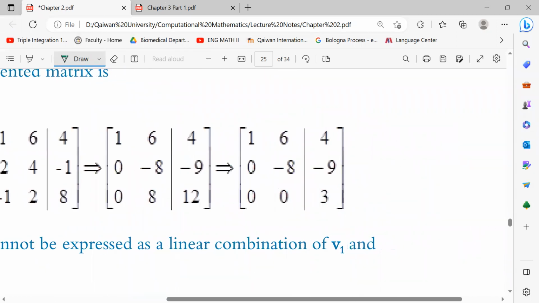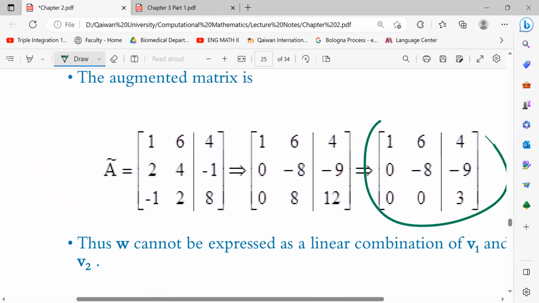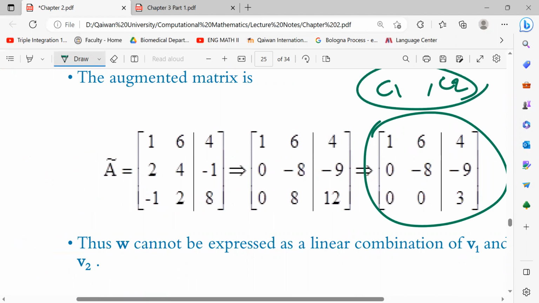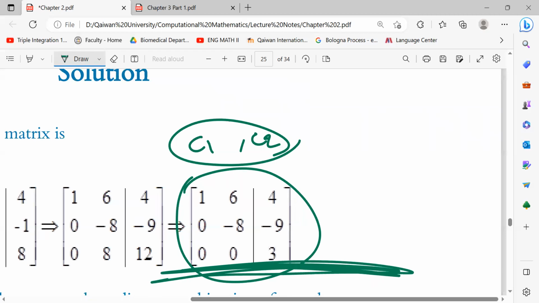So this system has no solution. If it has no solution, means we have no values for C1 and C2. The solution of the system is the values of C1 and C2.